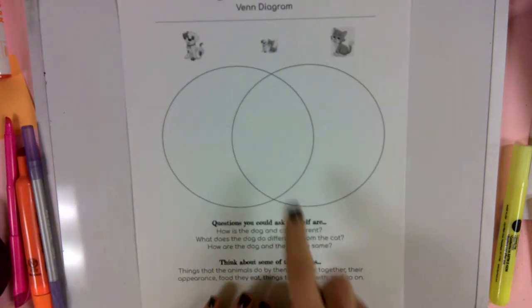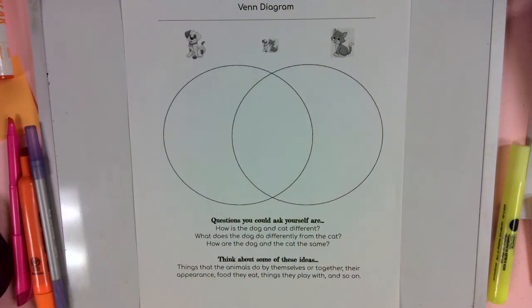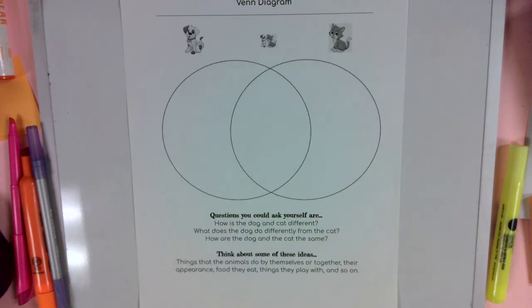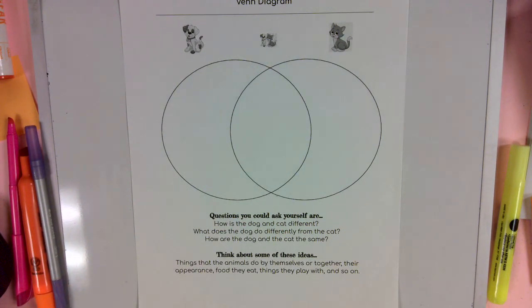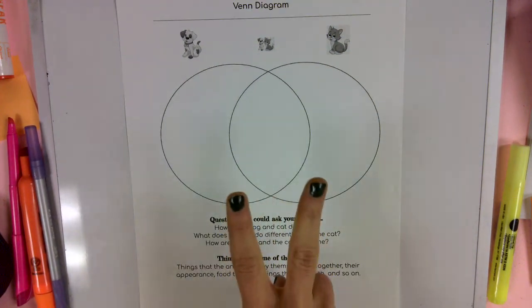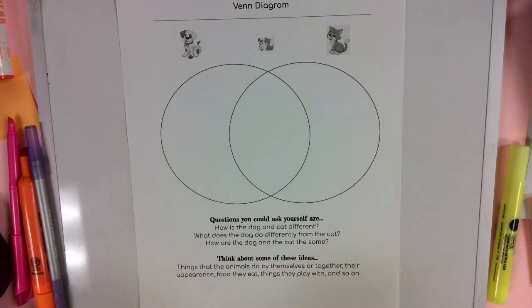So I'm going to show you what are called graphic organizers. This one is a Venn diagram. Can you say Venn diagram? Great job. Venn diagram. So this Venn diagram can help you understand how two things are the same and how two things are different.